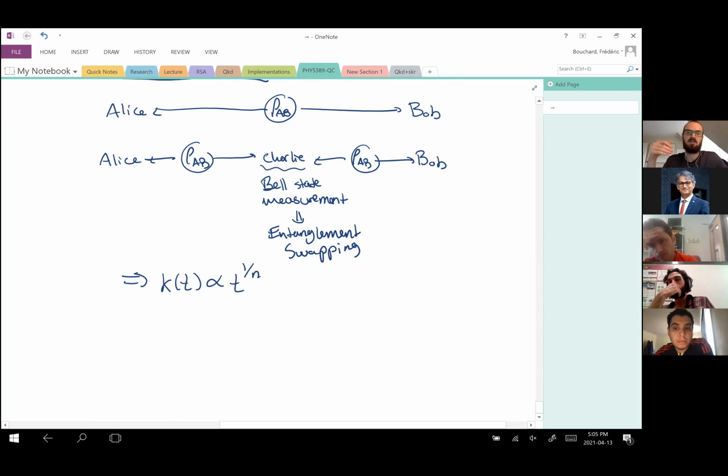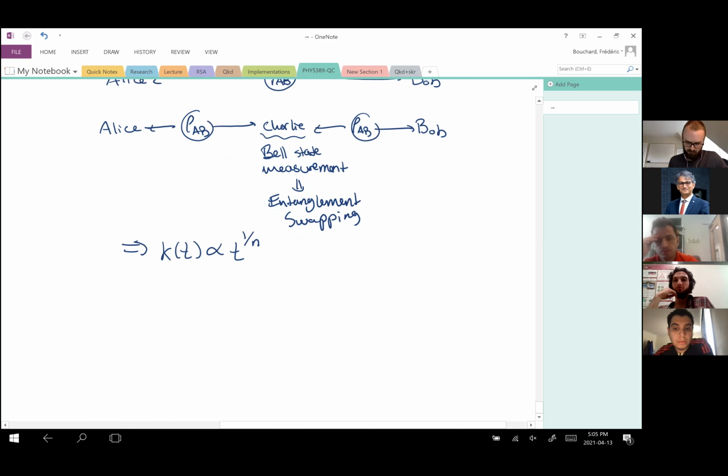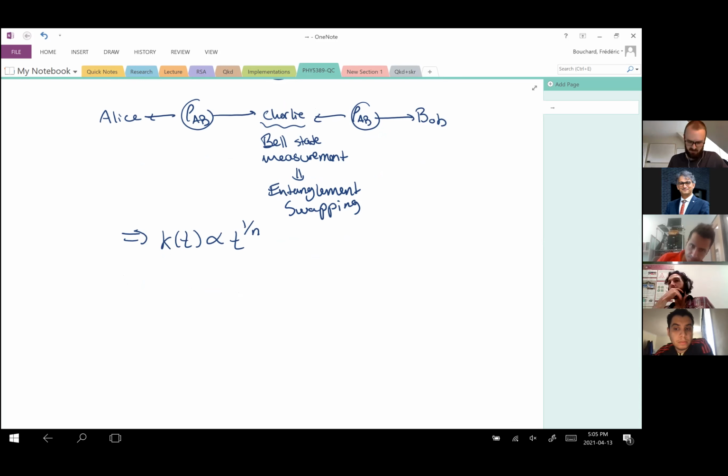But that's one way to go to longer distances. So that's repeaters. Yeah, so you need quantum memories, which people are working on, but it's still not that easy to make a quantum memory. And you need Bell state measurements.